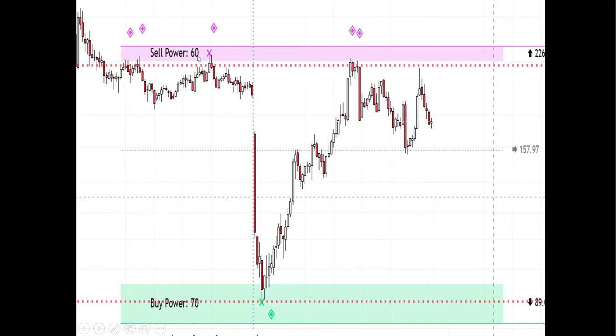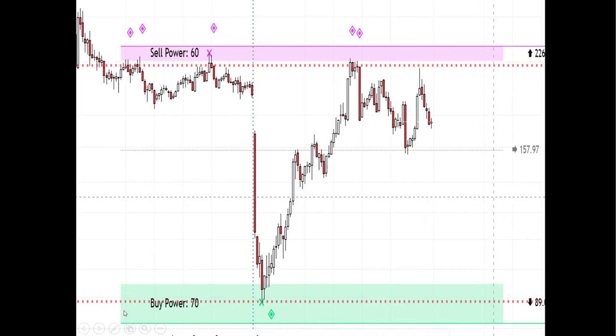Here, this indicator, I've taken a screenshot and pasted it over here. See, it is indicating that this is the chart of the Nifty 24,800 call option. It was plotting sell power when it was entering into this zone.